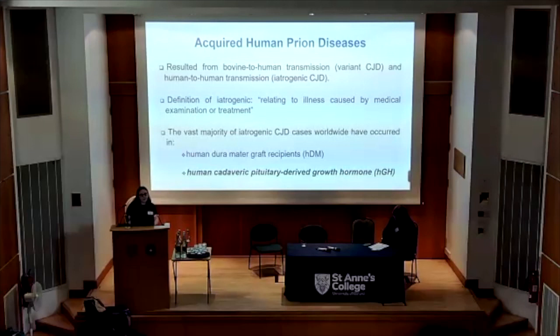Now, the acquired forms of the disease can come through the transmission of the abnormal protein we've seen from bovine to human, as we've witnessed with variant CJD, but also from human to human transmission. And this is referred to as iatrogenic CJD cases. Now, throughout the world and here in the UK, the vast majority of iatrogenic CJD cases have occurred in recipients of either a human dura mater graft or in recipients of, as we say, human cadaveric pituitary-derived growth hormone.